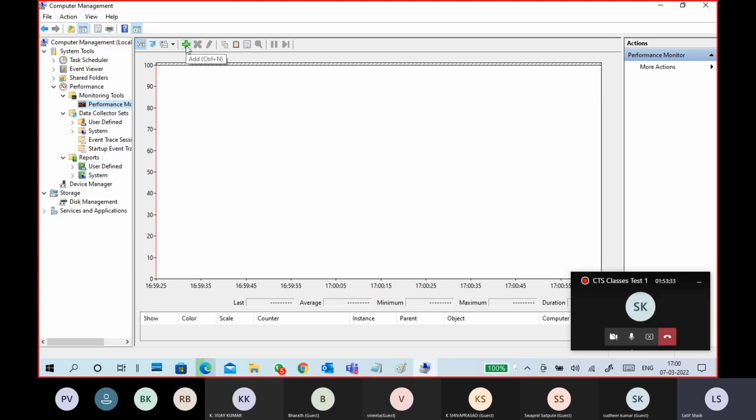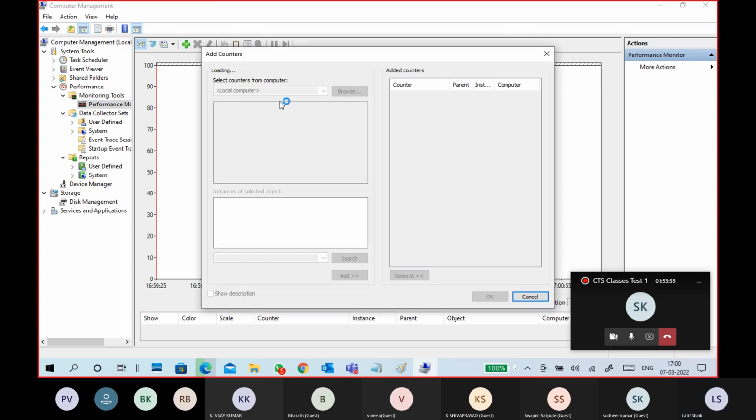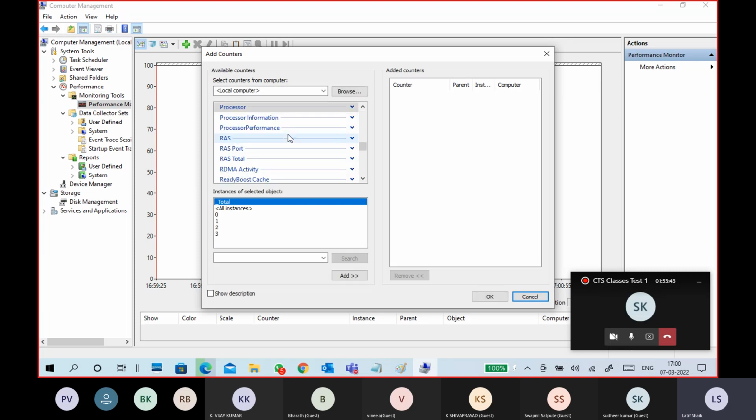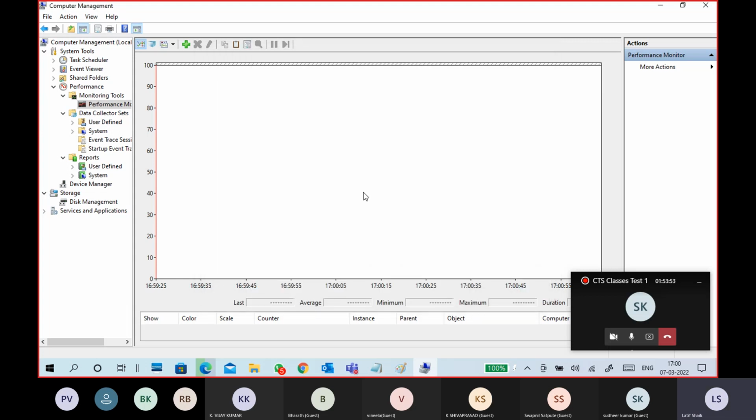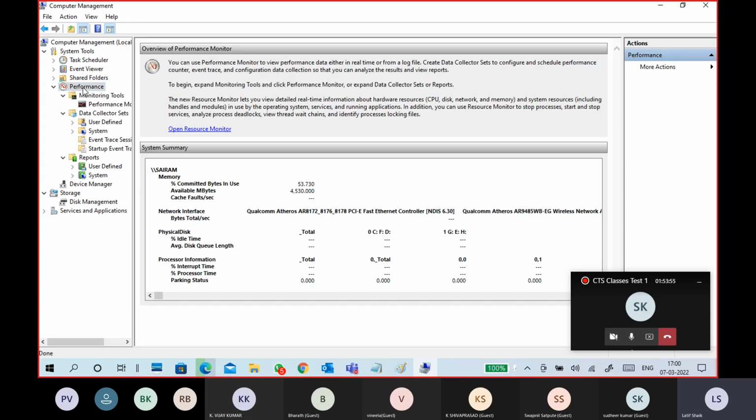So you can see this is the plus mark. Which one you want to add? Like you want to add a processor, RAM, particular application, or a particular service kind of stuff. Also you can add it. You can monitor it. Okay, so that is also there. Performance monitor, you can open in computer management.